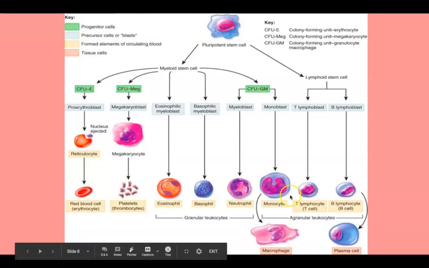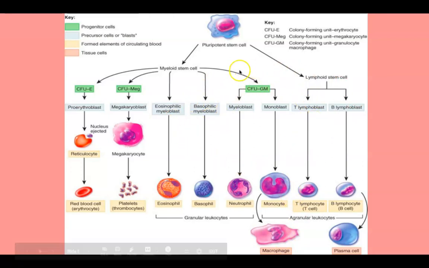Now, this is the process of how hemopoiesis or blood cell formation takes place. First of all, there are pluripotent stem cells. These give rise to either myeloid stem cells or lymphoid stem cells. The myeloid stem cells form the progenitor cell for erythrocytes, that is colony forming unit erythrocyte.